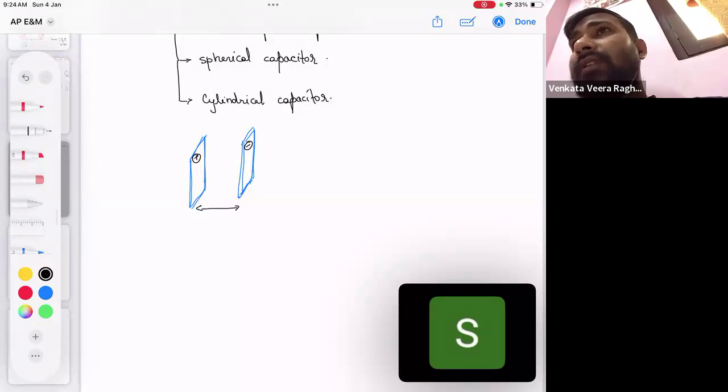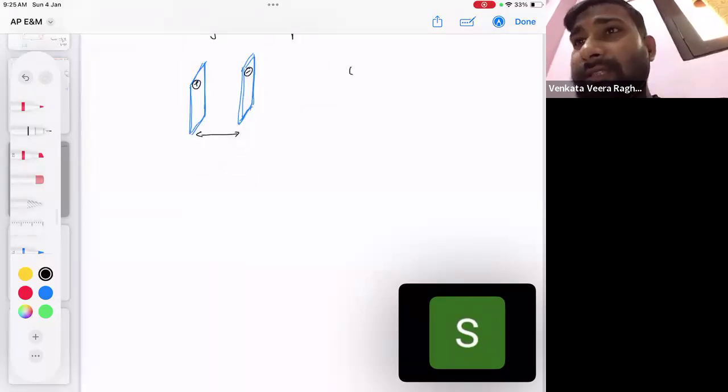Now, the more charge you give, the more potential difference will develop. Or, the more potential difference you create, the more charge will get accumulated on the plate.